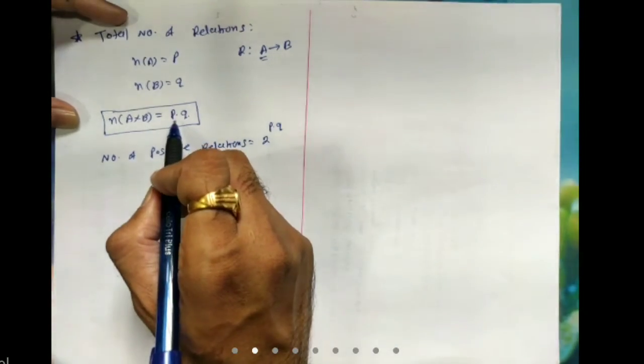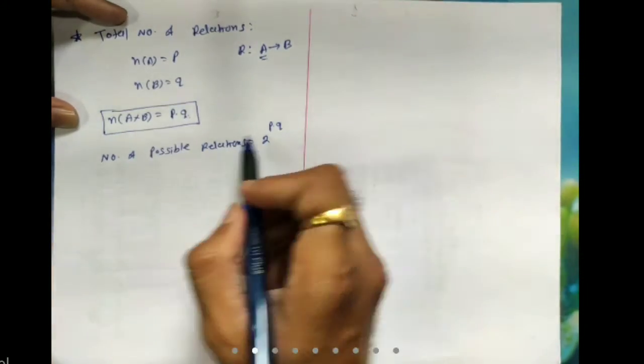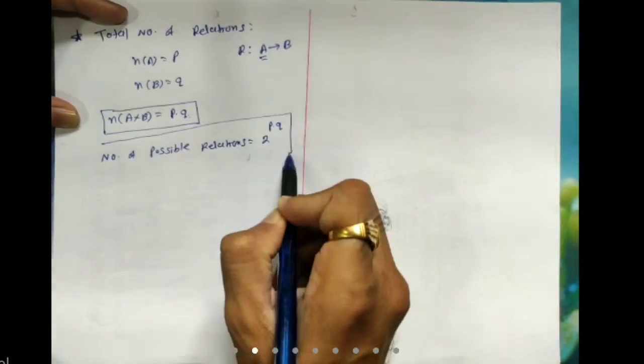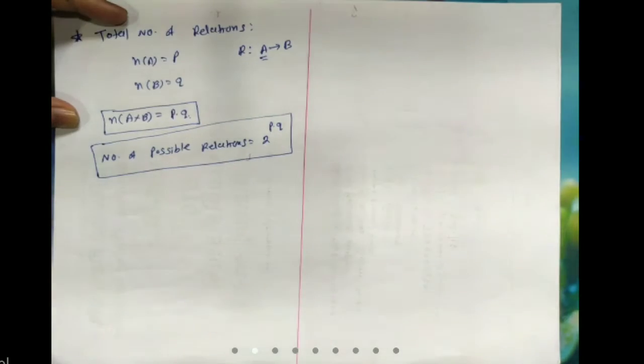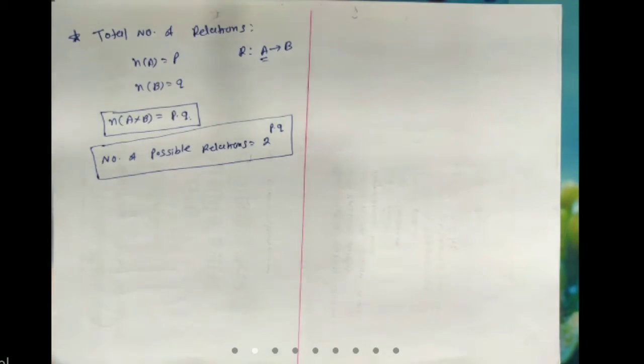But here the total number of elements in A cross B is P into Q. So the total number of possible relations is 2 raised to P into Q. So this is one formula that you have to remember. Clear? So this is your introduction of exercise 2.2. Now we are going to start our exercise 2.2.